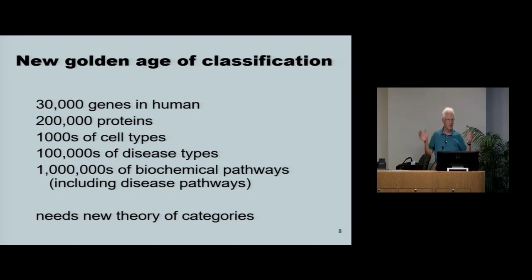Now, so we have all of these classifications and many more. There are disciplines corresponding to each of these classifications, branches of biology, many more disciplines in addition to genomics and proteomics and pharmacogenomics and bibliomics, which is the study of biological literature from an ontological point of view. So all of these new disciplines are building ontologies as maps of the kinds or categories in the relevant domain of biology.